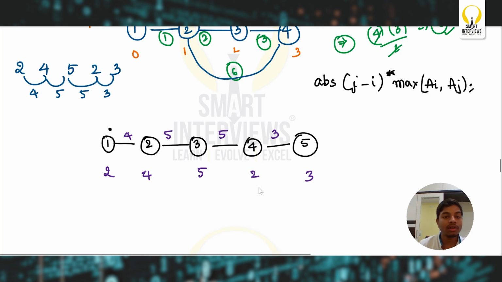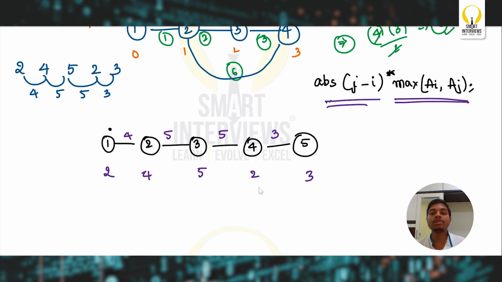In a similar manner, I want this value to be minimum, because I'm going to multiply some value to this. Obviously we cannot reduce the index difference, because for each and every index we are going to perform j minus i.